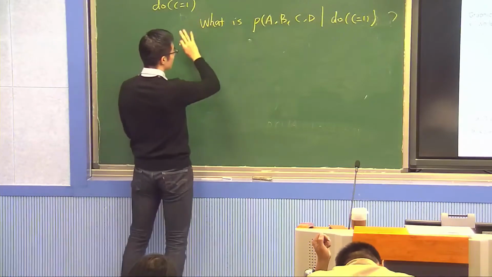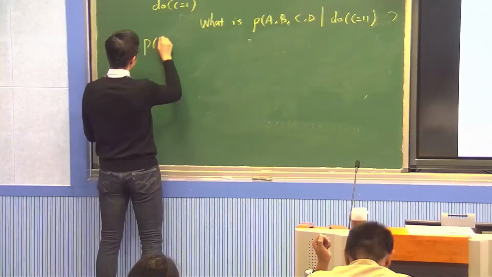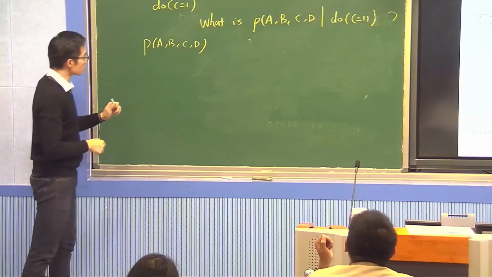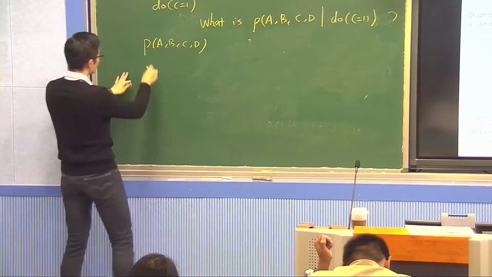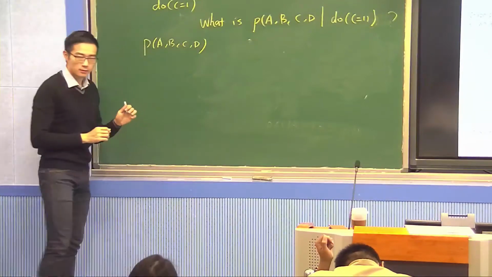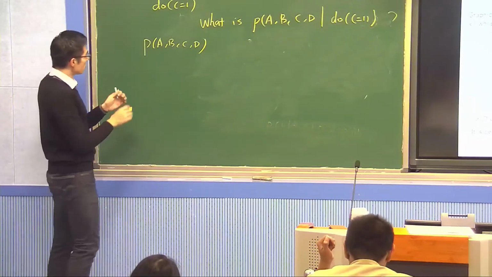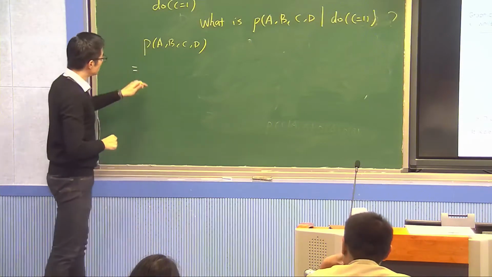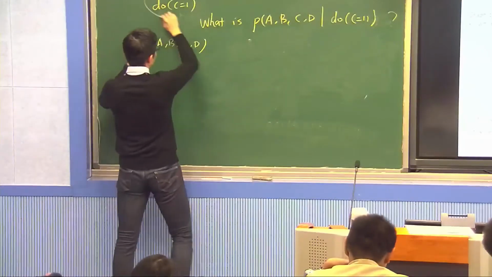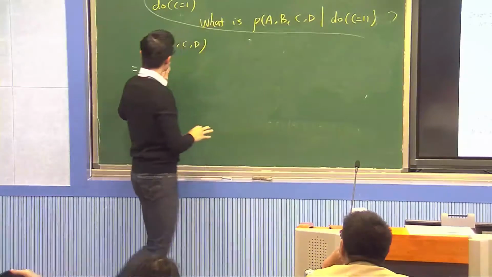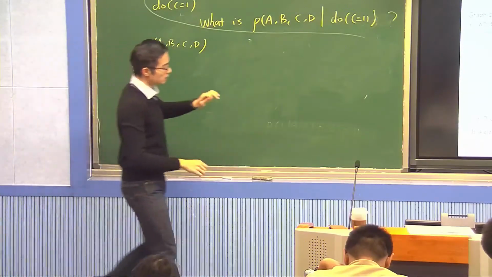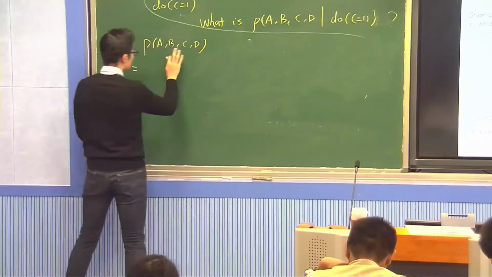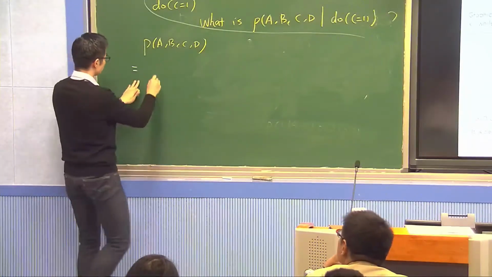The way to think about it is, before we do C equal to 1, we have the joint distribution P(A, B, C, D), using the graph structure. Before we do any manipulation, in the original one, what is P(A, B, C, D)?